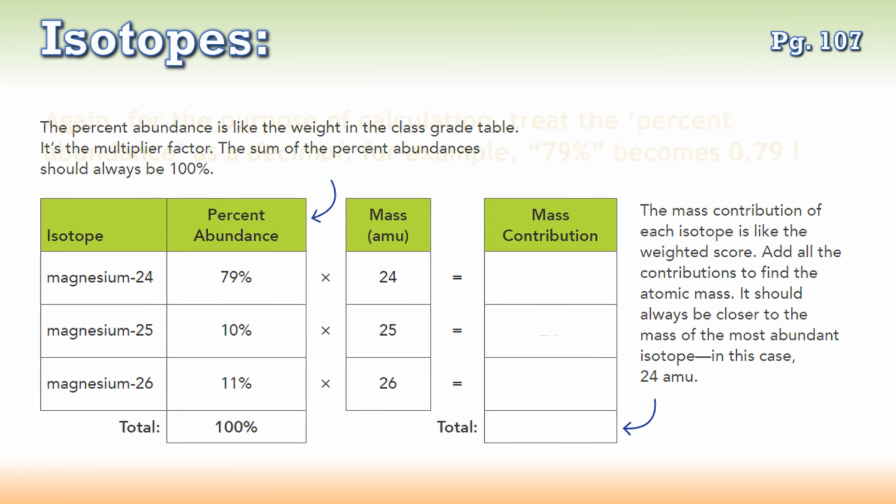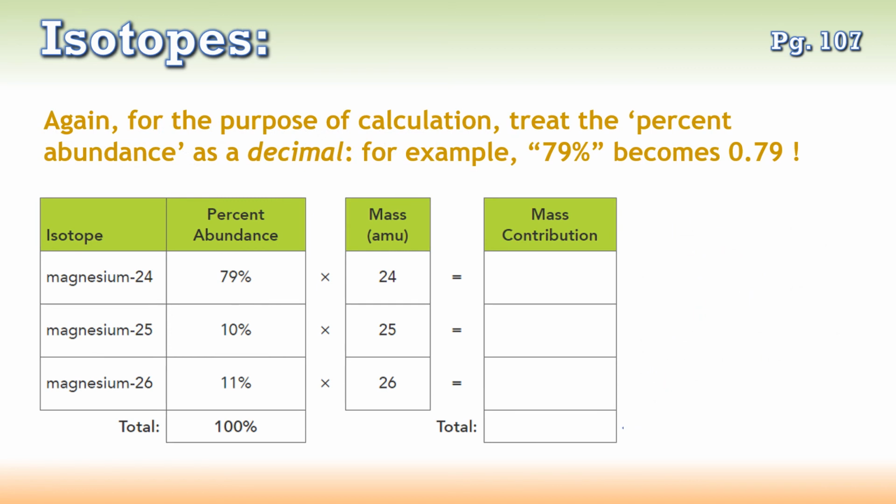Those percentages are going to be treated as decimals. So 79% becomes 0.79. So 0.79 times 24 is 19. 0.1 times 25 is 2.5, 0.11 times 26 is 2.9, and we add it all together. There's our estimate for the atomic mass of magnesium based upon these three separate isotopes.